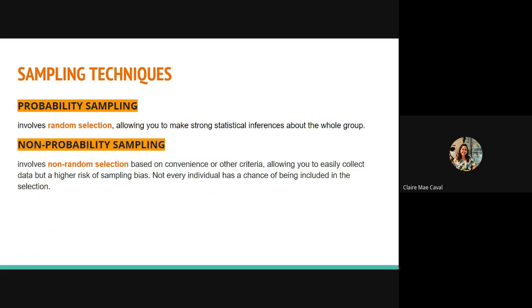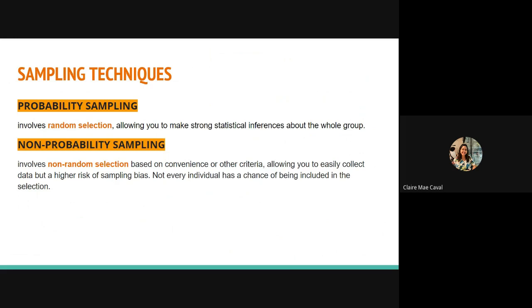So your survey sampling techniques can be probability sampling or non-probability sampling. When you say probability sampling, it involves random selection, meaning anywhere, allowing you to make strong statistical inferences about the whole group.